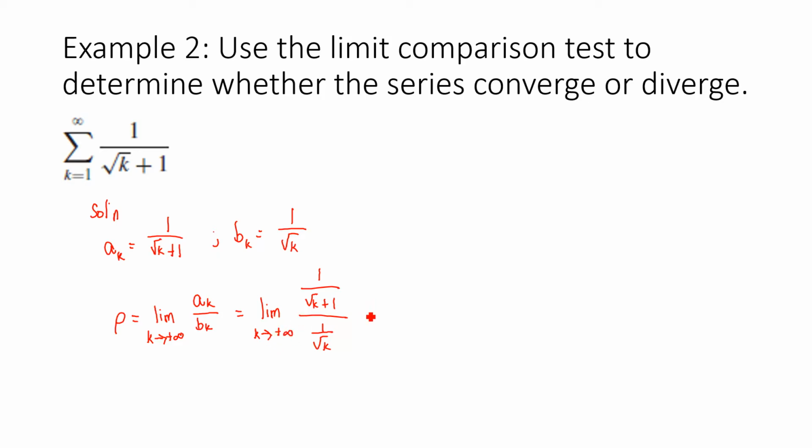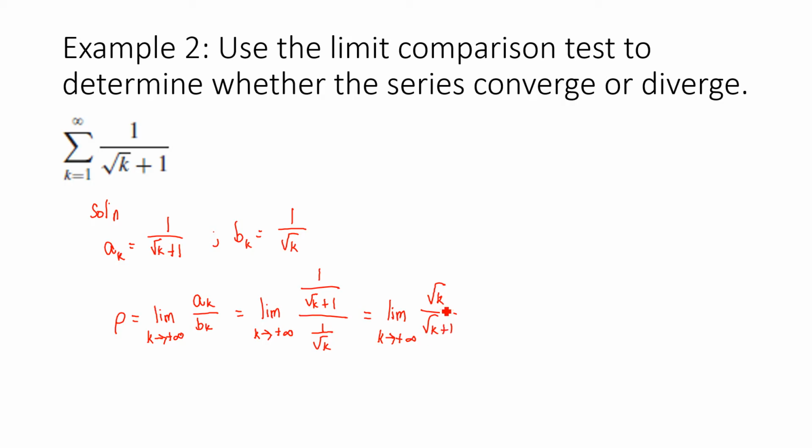So in this case, we could simplify this one. It could be the limit of the square root of k over the square root of k plus 1, as k approaches positive infinity.